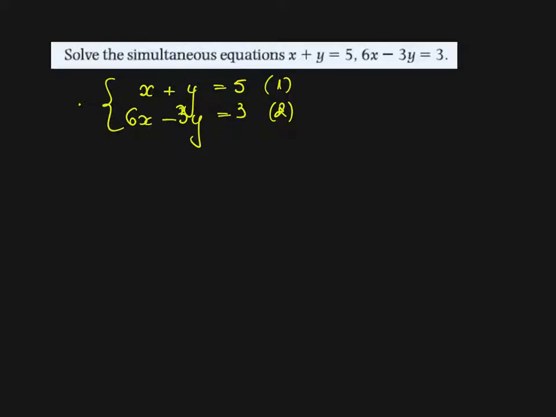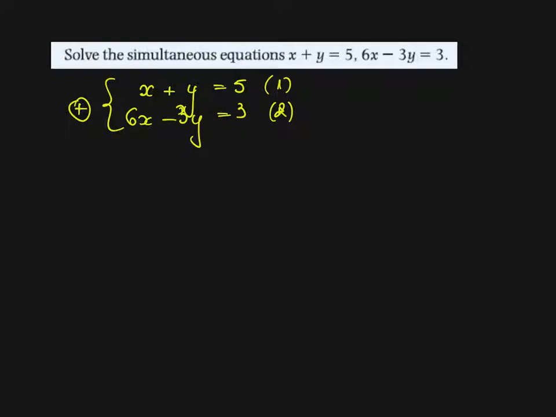If I add the two equations, I will have a surprise, because I get x plus 6x gives me 7x, y minus 3y gives me minus 2y equals 8. So I didn't solve my problem, because I am left with one equation but with both unknowns, x and y. In my previous cases, one of the unknowns was eliminated. It doesn't eliminate here, therefore that's not a good solution.